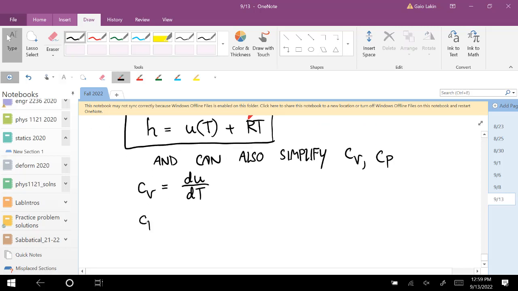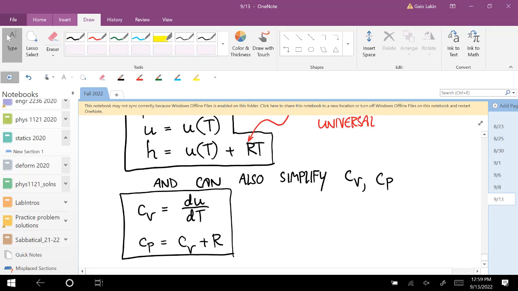And CP is CV plus R. And this again is that non-universal constant R.